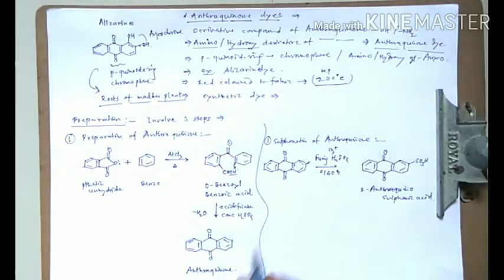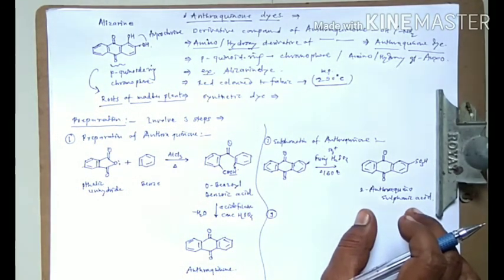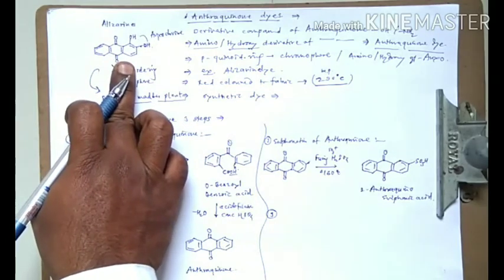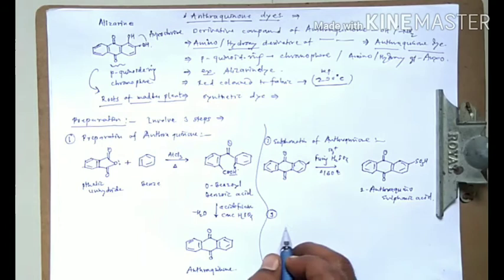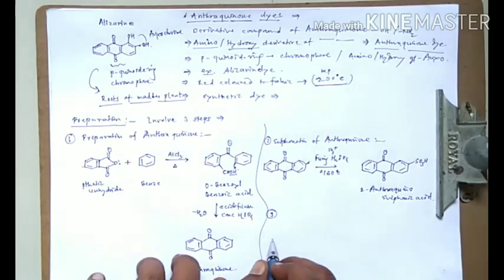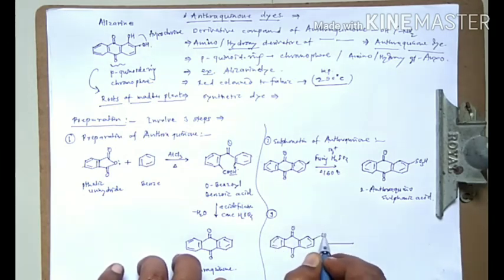Right? Now the third step is conversion of this 2-anthraquinone sulfonic acid into alizarin, meaning introducing an OH group, hydroxy group here. The most popular reaction for introducing a hydroxylic OH group on this intermediate compound is to take a strong base like sodium hydroxide.